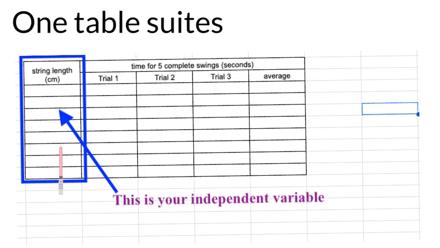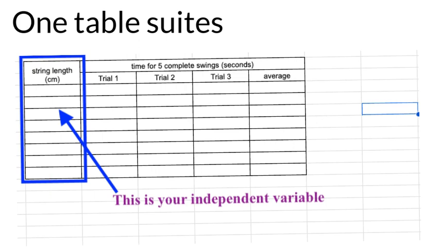If we were measuring the length of our string with a ruler, we know that a ruler measures in centimetres and also has millimetre markings. A millimetre is 1/10 of a centimetre. So if we are using cm, we're recording to 1 decimal place. All the numbers in here should be recorded to 1 decimal place.